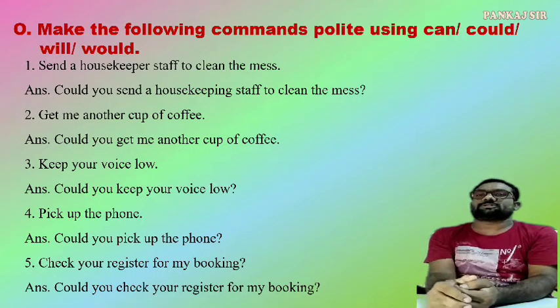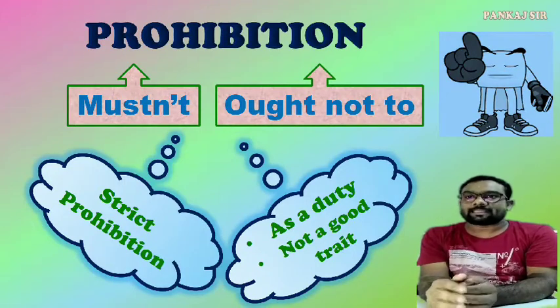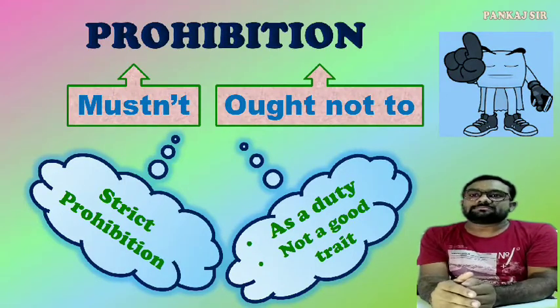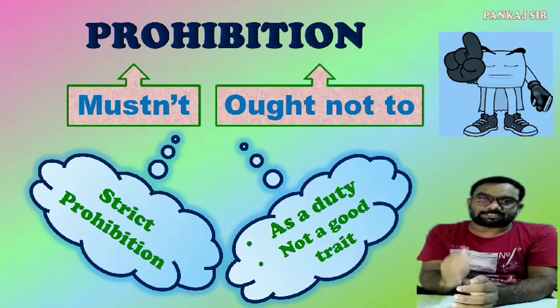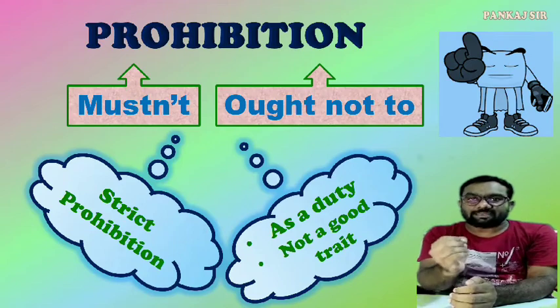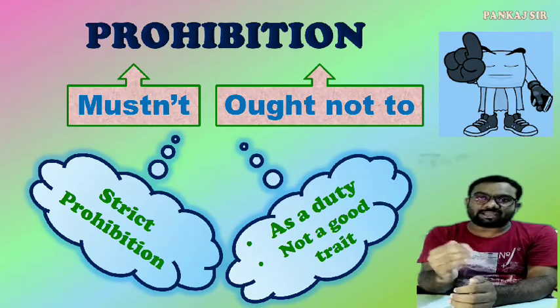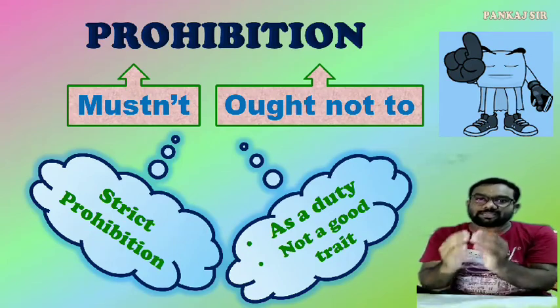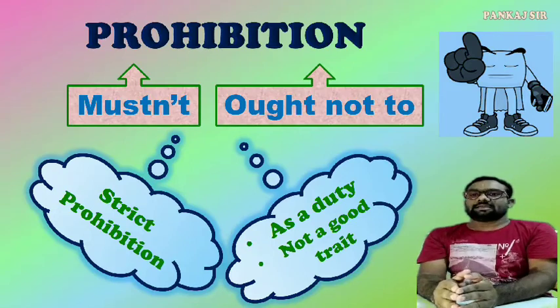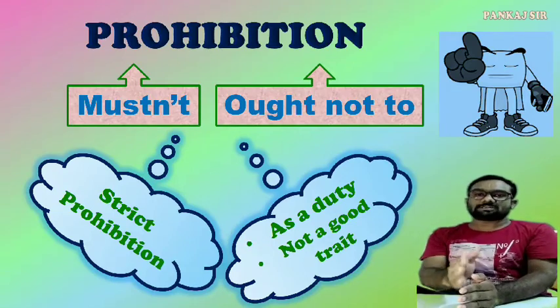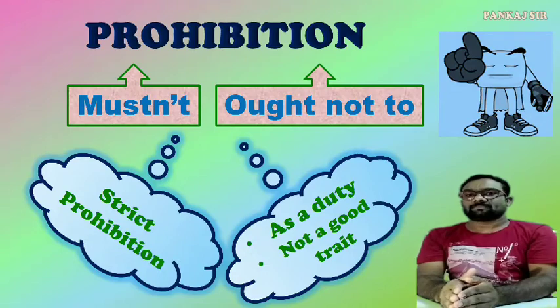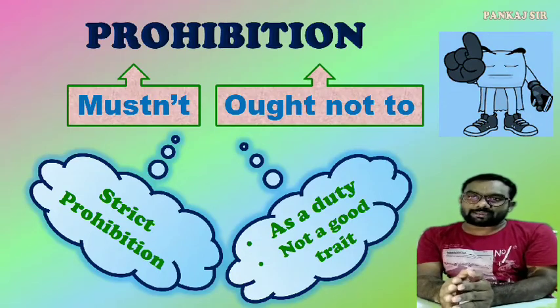Next is prohibition. Prohibition means stopping. Mustn't and ought not to. Here, mustn't is used for strict prohibition, very straightforward. If any rule is broken, to define the rules for not breaking the rules in a straightforward manner, it is told using must not or mustn't, or to mention some duties, right?